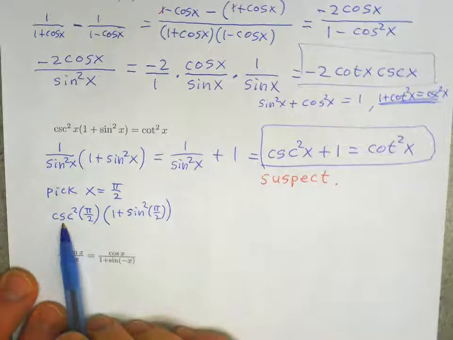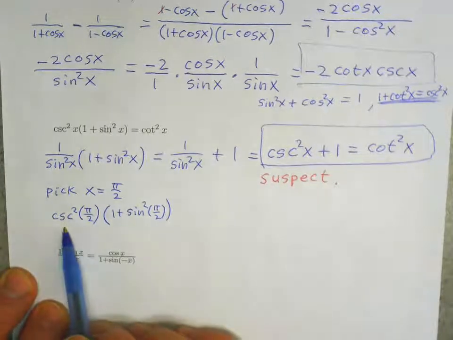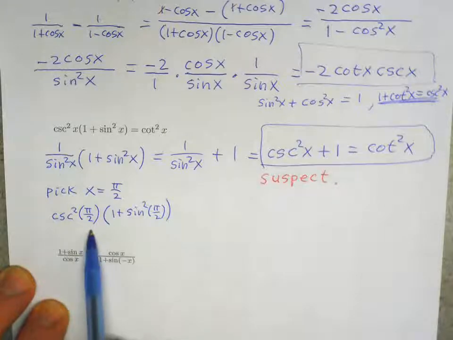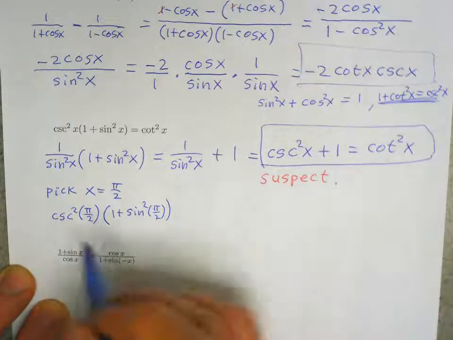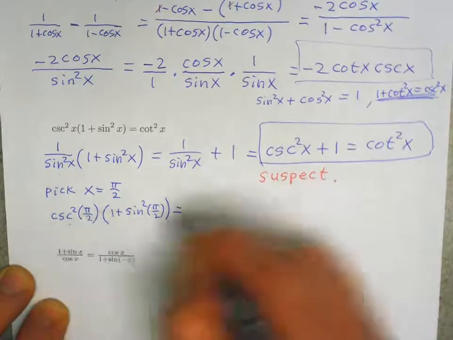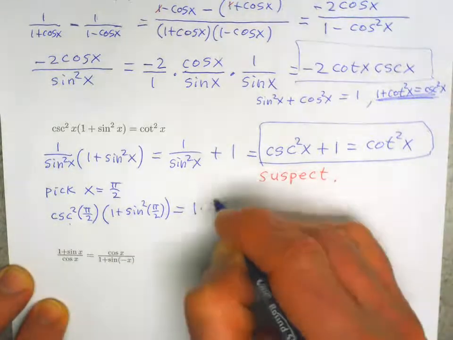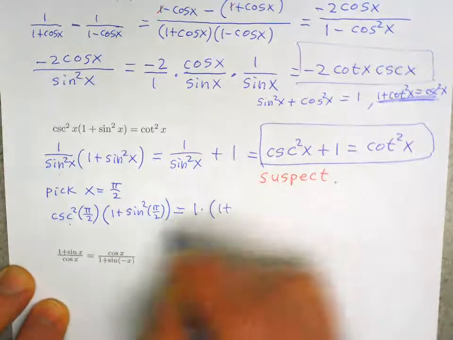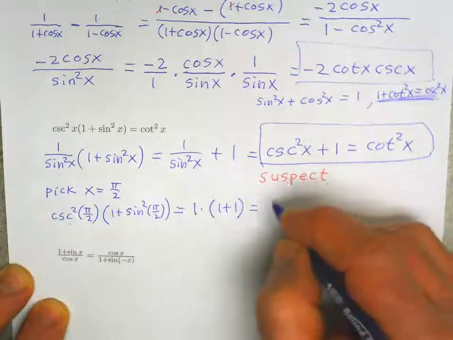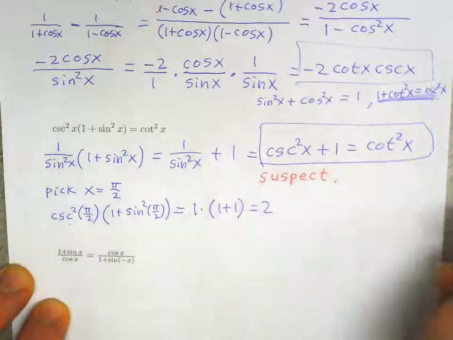Well, cosecant of pi over 2 squared is the same as 1 over sine of pi over 2 squared. But sine of pi over 2 equals 1, so 1 over 1 is 1. So we have 1, and then times 1 plus 1 squared. So the left-hand side is equal to 2.